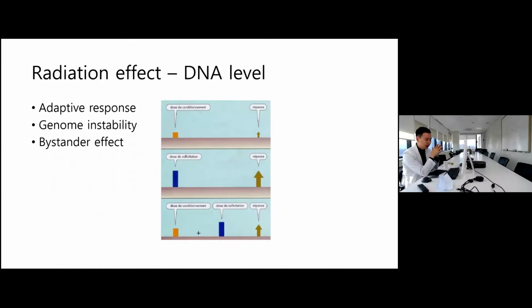Although it is from some in vitro cell-level tests, it is known that although high radiation can induce a higher response compared with lower radiation, when a low radiation dose comes first and then a high radiation dose comes next, the response can be lower because of the adaptive response at the DNA level.